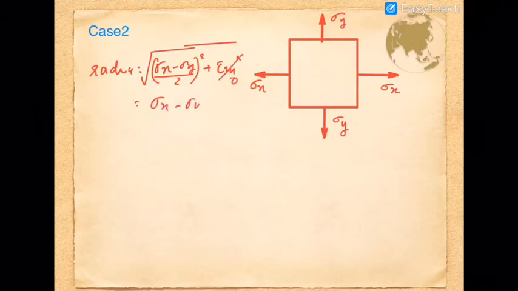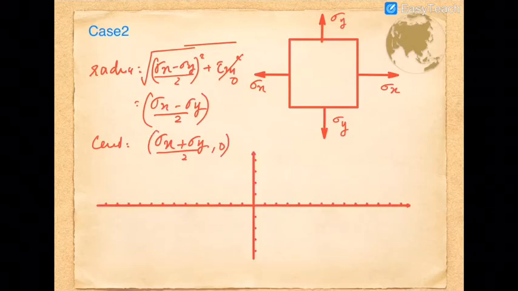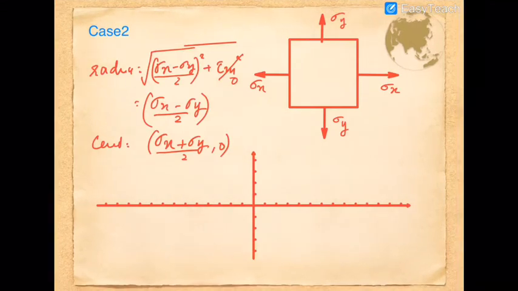So the value (sigma x minus sigma y) by 2 will be the corresponding radius. And the center of the circle will always be ((sigma x plus sigma y) by 2, 0). So with this information we can draw a circle on this graph of sigma and tau.